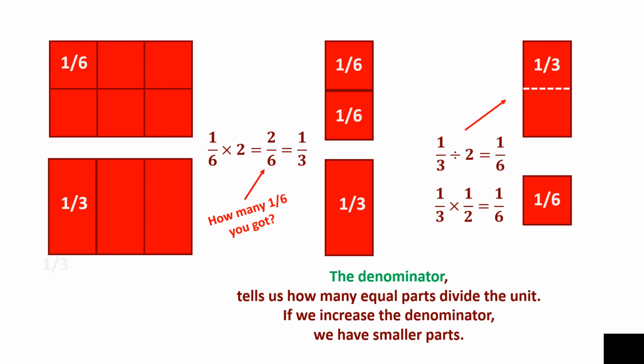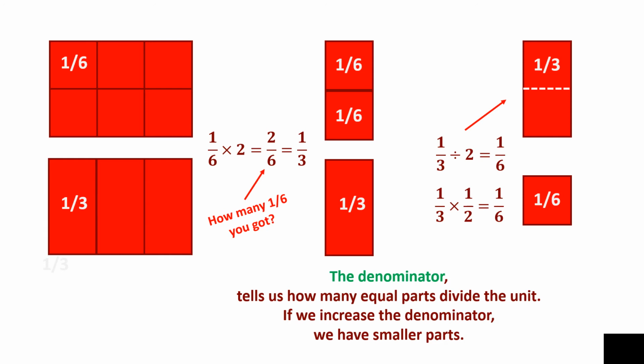Or, as we can see in the area model, 2/6 is equal to 1/3. If we were to divide 1/3 by 2, we realize that our answer should be 1/6. But if we multiply 1/3 by the reciprocal of 2, which is 1/2, the product is 1/6.